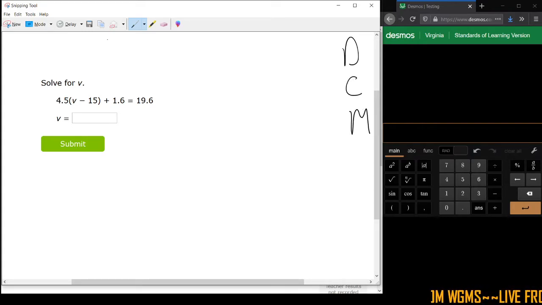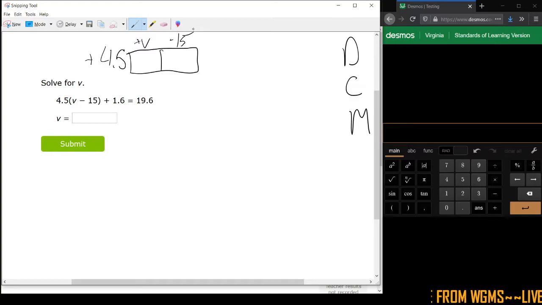I want to have 4.5 times each of my inside terms. I have a positive v and a negative 15. So I'm going to have 4.5v, and then negative 15 times 4.5, so make sure you have that negative in there. This is going to be negative 67.5.